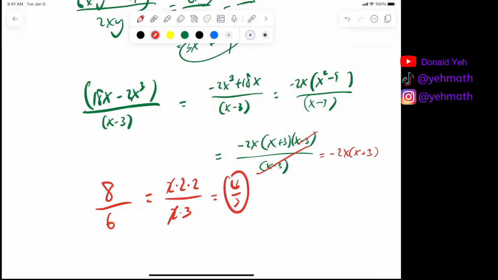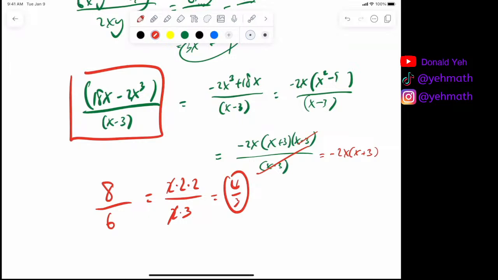Now I want to talk about one more thing about this function. Last year, I don't know if your teacher told you, there was a domain of this expression. What is the domain of this expression? Do you guys remember?